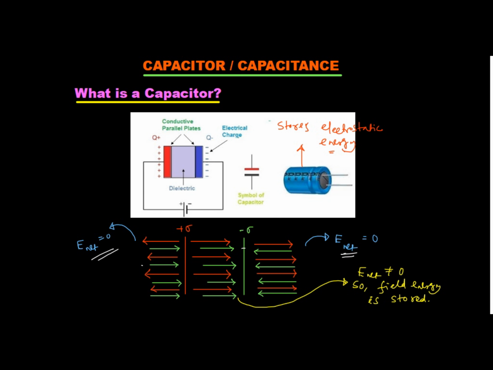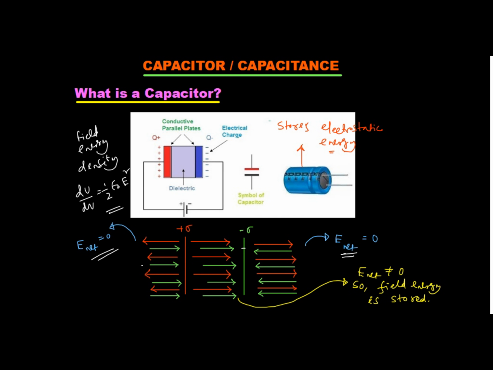So this is the region in between the plates where the field is restricted, correct? If the field is restricted, we know that the field carries some kind of energy, because we have already studied that wherever there is an electrostatic field, the field energy density dU/dV is equal to half epsilon naught E square.